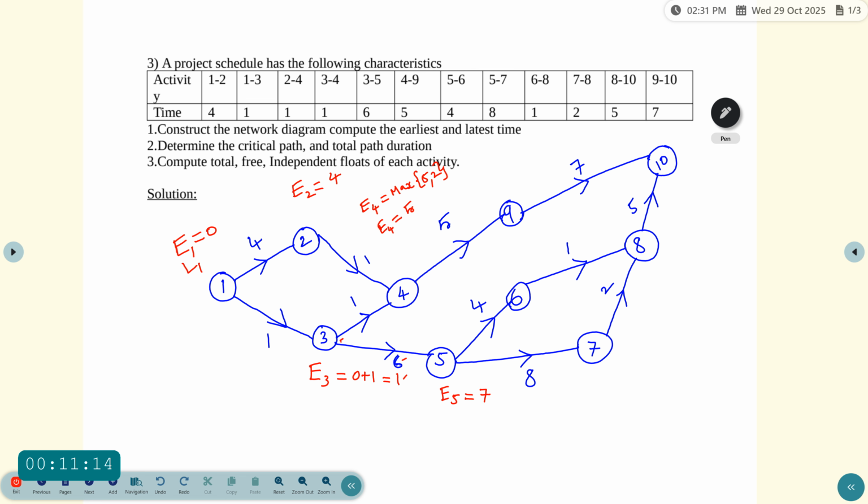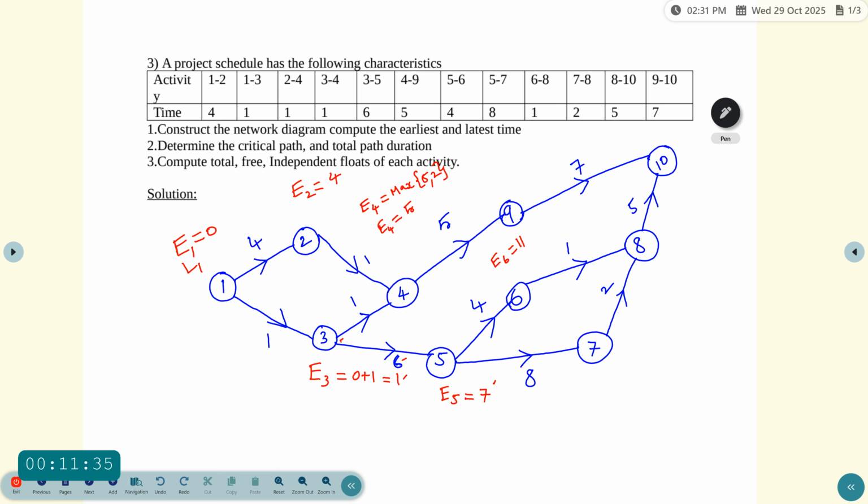So E5 equal to 7 and then E6. So E6 equal to, which ends with the fifth event. So E5 value 7 and then adding with duration 4, 7 plus 4 equal to 11.